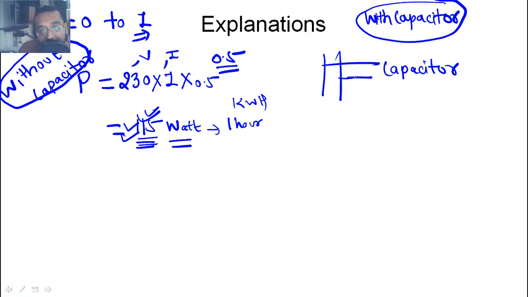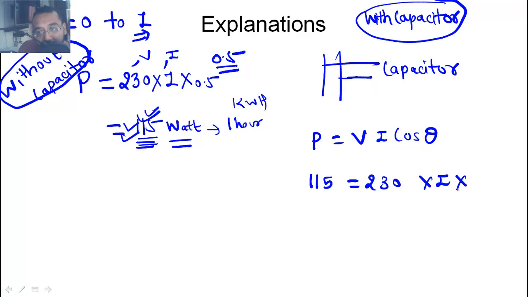Now if you are connecting the capacitor, then P will stay the same. P is equal to V into I into cos theta. The power consumption of your home that you have calculated is 115 watt. So if you put the value 115, voltage would be the same 230 volt, and I would be different here. Now let's suppose with the capacitor the power factor value has been increased to 0.9.